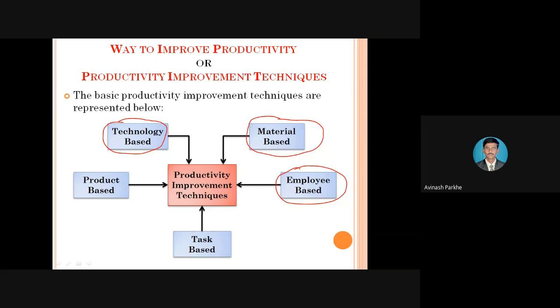Maybe they are working as an operator, after that they are working as a supervisor. If he gets the maximum experience, then such supervisors can be converted into production engineer or design engineer or industrial engineer, or maybe shifted to the R&D department. Such an employee promotion scheme should also be provided in this employee based technique.